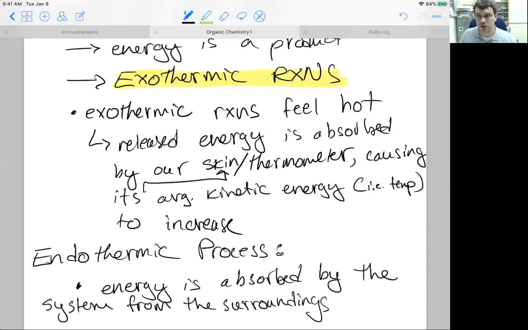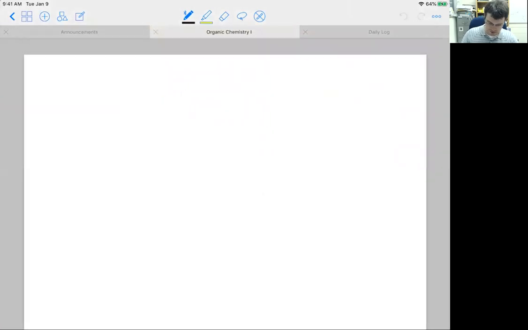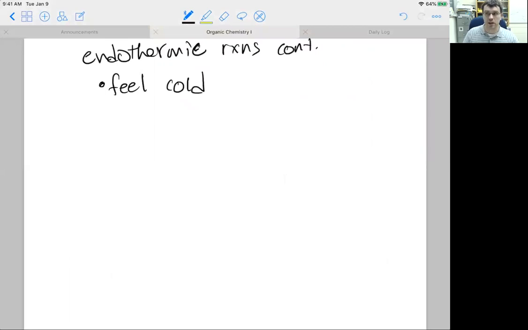So when a chemical reaction occurs, it's actually absorbing energy from the surroundings. How does this feel to us? Well, endothermic reactions feel cold. They feel cold because the kinetic energy that's in our hands is required for the chemical reaction to occur. So the chemical reaction is desperately taking on kinetic energy because now the products have a higher potential energy than the starting materials. Feels cold.